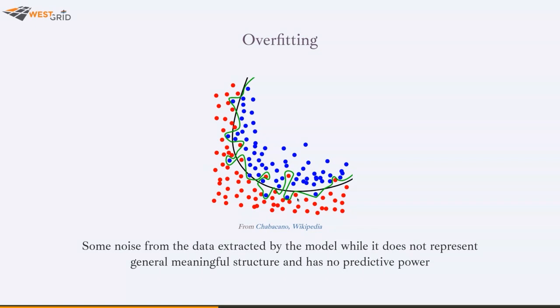So what it represents is not really the meaningful generalizable structure of the data, but this very specific case. And you can imagine that a different data set wouldn't be separated very well by this green line, while the black line is a non-overfitted model.